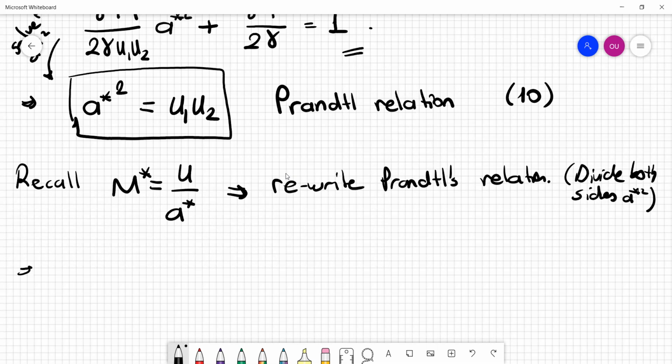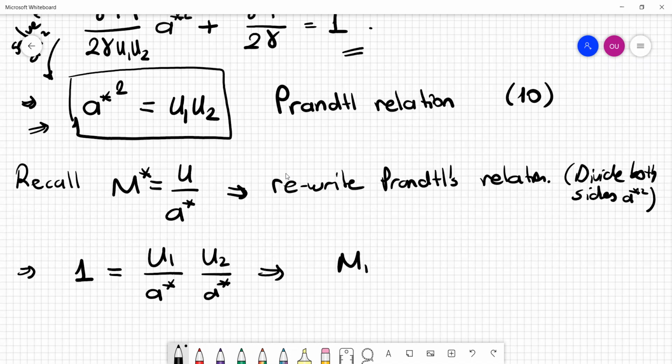What do I get? I will get 1. So 1 will be equal to U1 over A star times U2 over A star. Of course, obviously, this tells me an important story. It says M1 star times M2 star must be equal to 1.